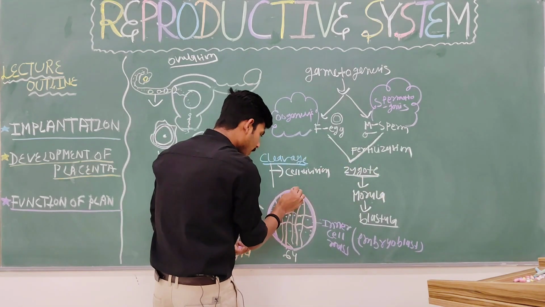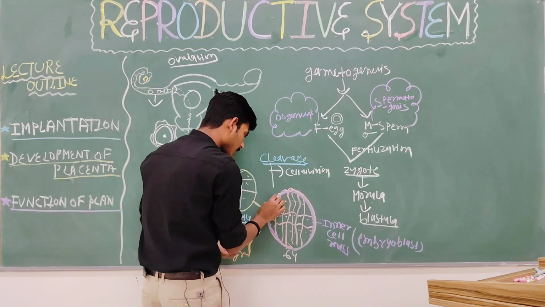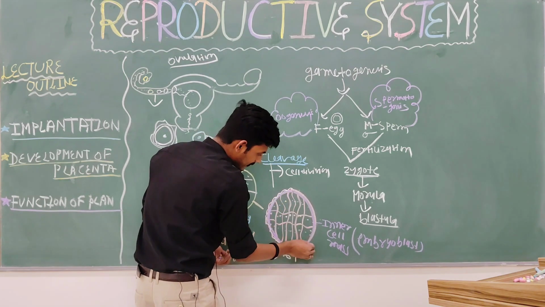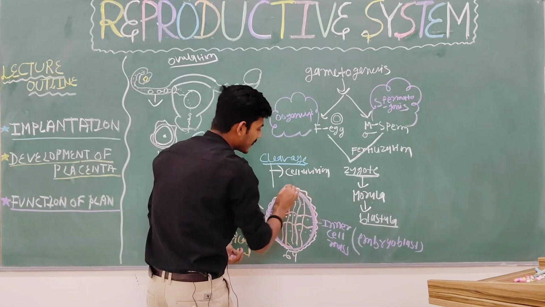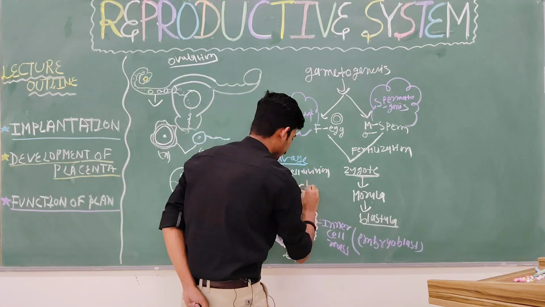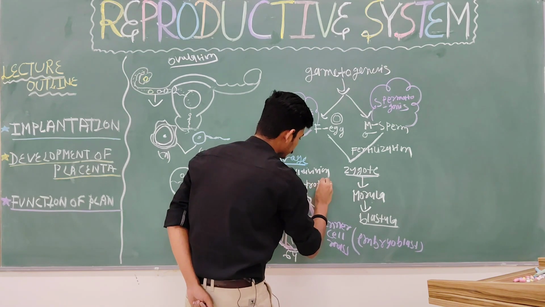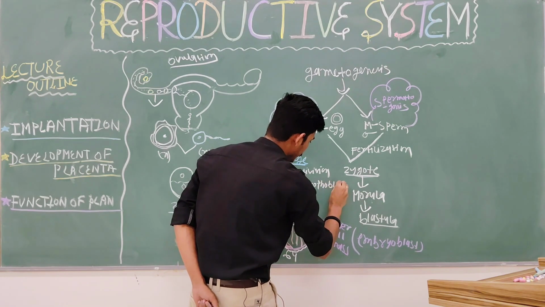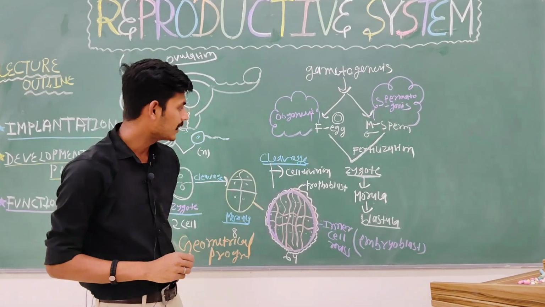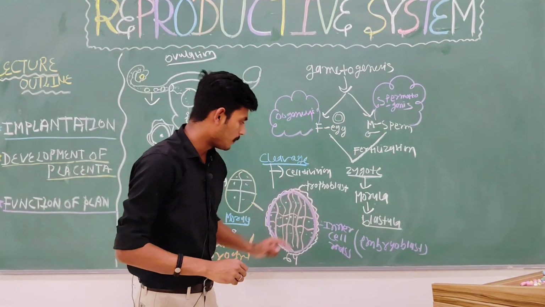And there will be one outer, wavy layer. This outer layer is referred to as, very good, the trophoblast. Are you getting my points? Yes, this is called the trophoblast.